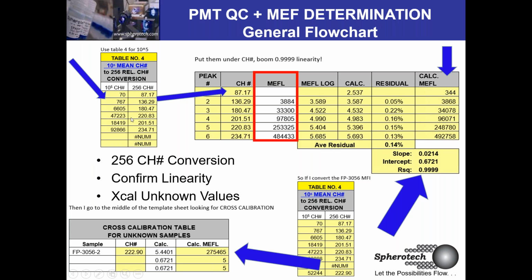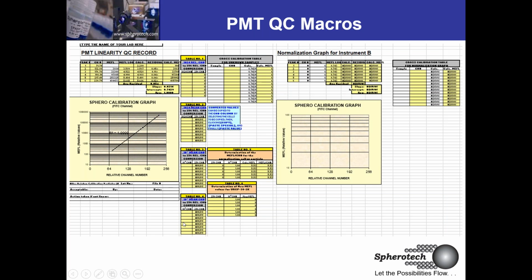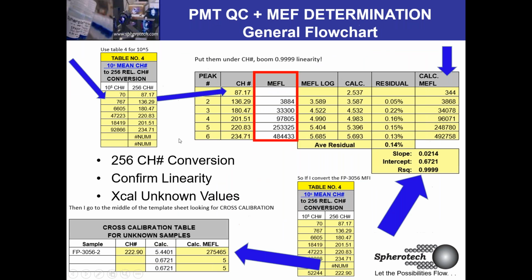So as I said before, and this is just the macros broken down, right? If we go back here, this is the main table. I'm going to use this table, and the graph. That's all we're going to see here. So this little table here is me putting in my mean value. Mean values go in, and I call them 256, but these relative values come out, and I put them in my main table.